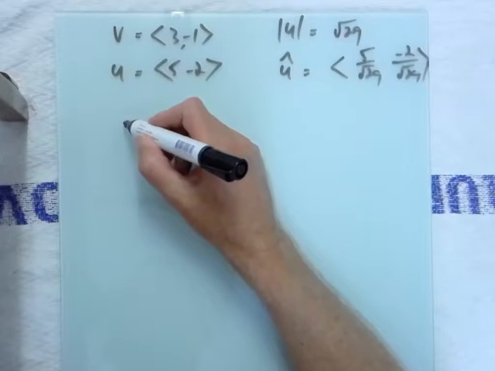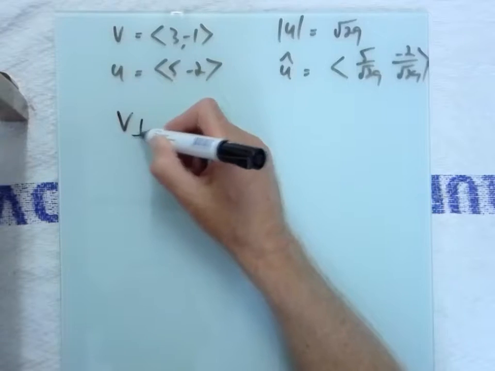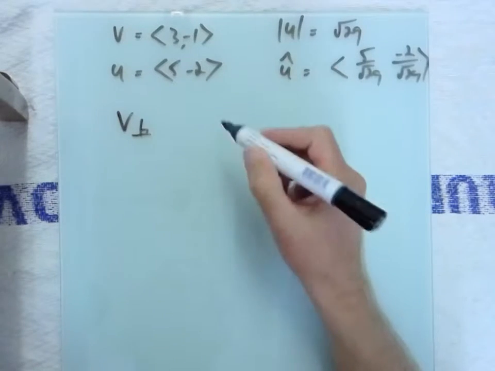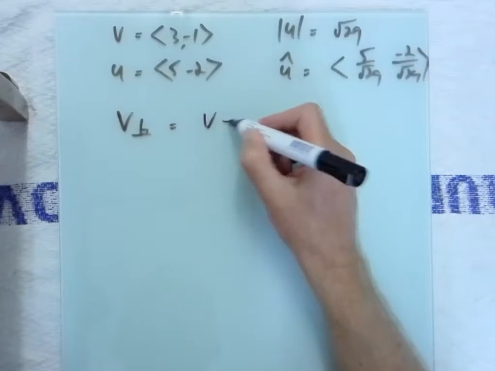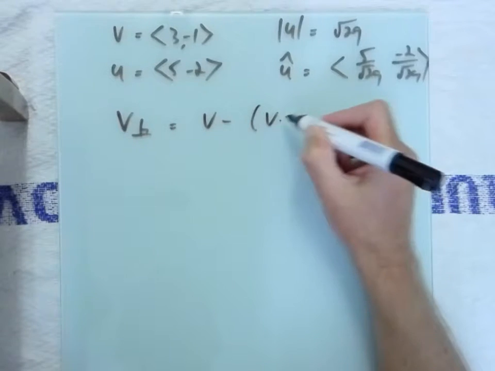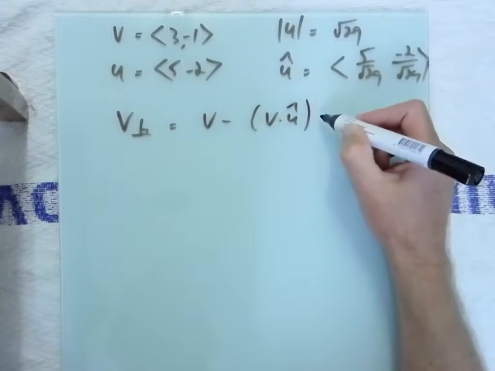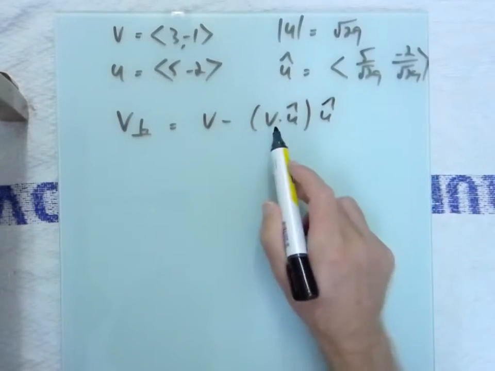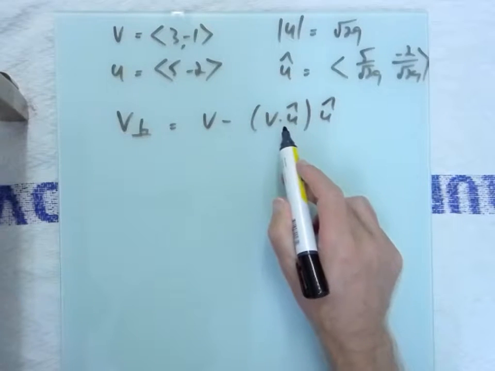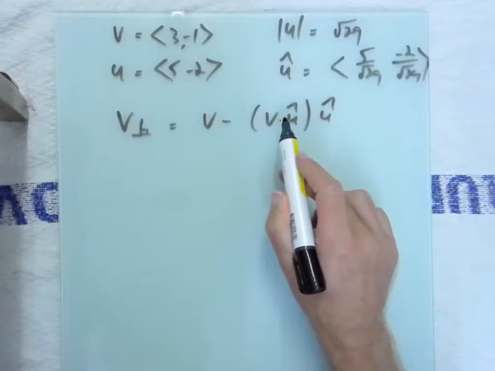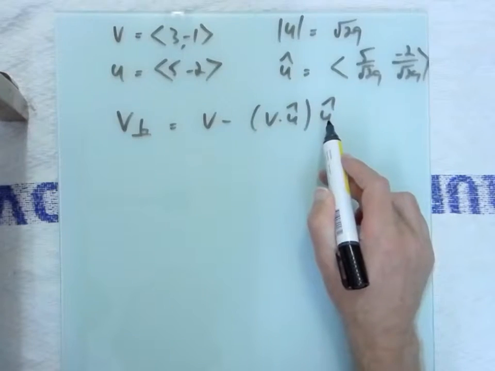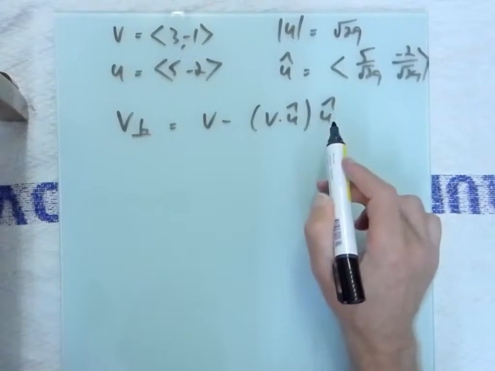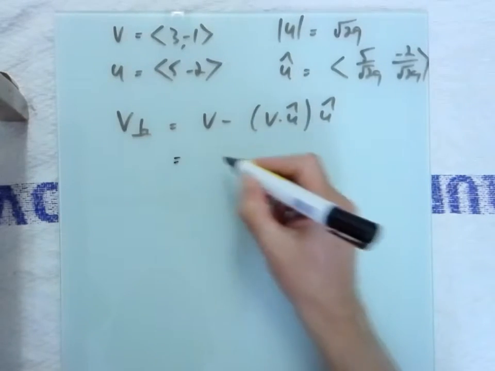So I'm wanting the vector resolute that's perpendicular to u, which is the rule v minus (v dot u hat) u hat. Now remember, inside that bracket is a dot product, so that's actually a scalar, which is a number multiplied by a unit vector, so that's actually a vector minus a vector.